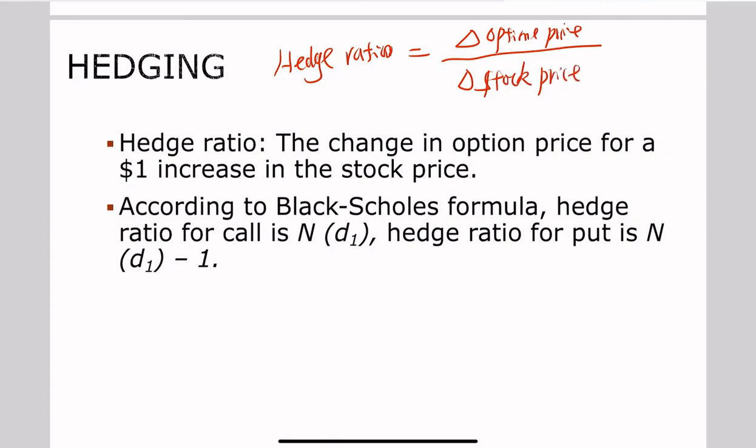So that's why the hedge ratio gives you the change in option price for a $1 increase in the stock price. The word increase is not the best word here. Maybe it's more accurate to use change. So the change in option price for a $1 change in the stock price.